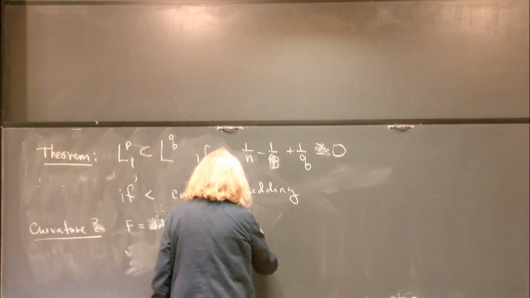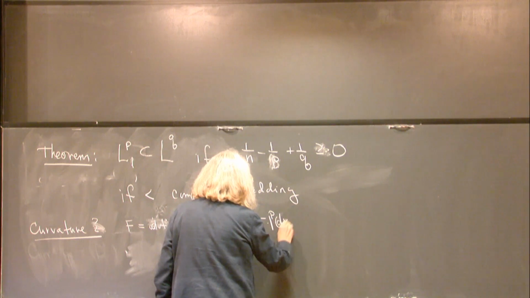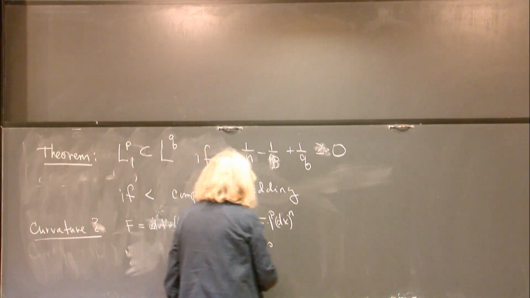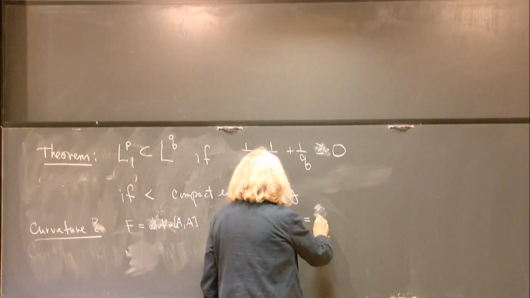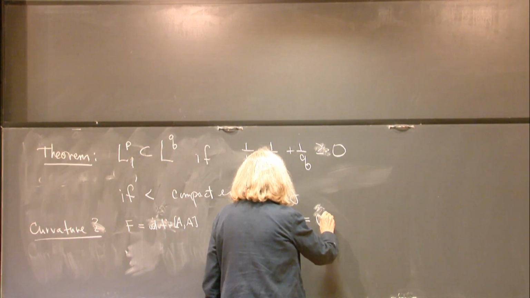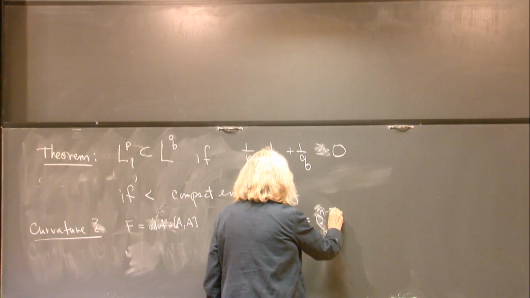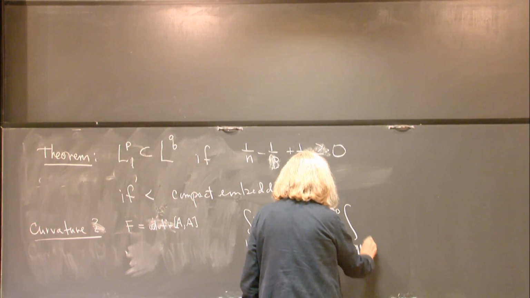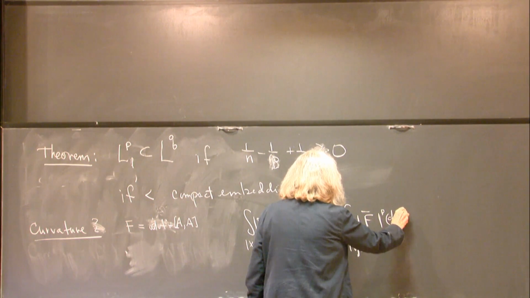So it's very important to notice that the integral of the curvature to the p, dx to the n, over x less than or equal to rho, is actually equal to rho to the n minus 2p times the integral over |y| less than or equal to 1 of the new curvature to the p, dx to the n.